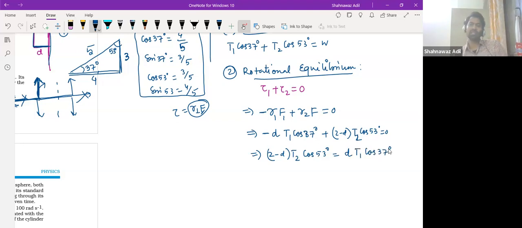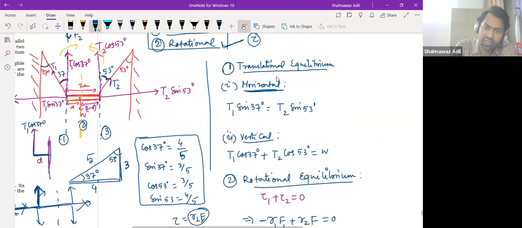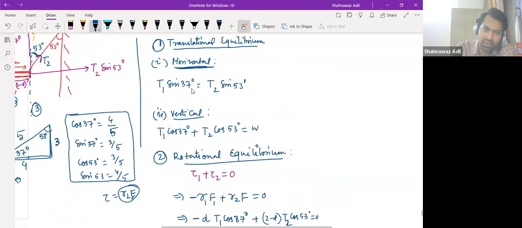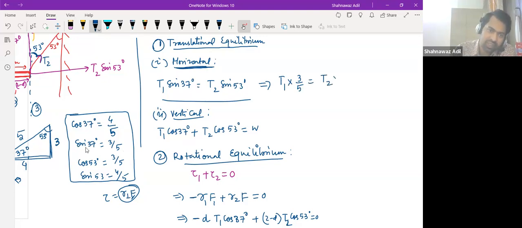So the question is that we have to find out D. This is the question. So now let us use this equation, and we already know that T1 sine 37 is 3 by 5 and T2 sine 53 is 4 by 5.